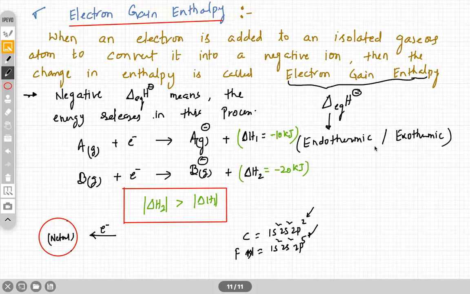Right? Tendency to accept an electron. It is defined at absolute zero temperature.